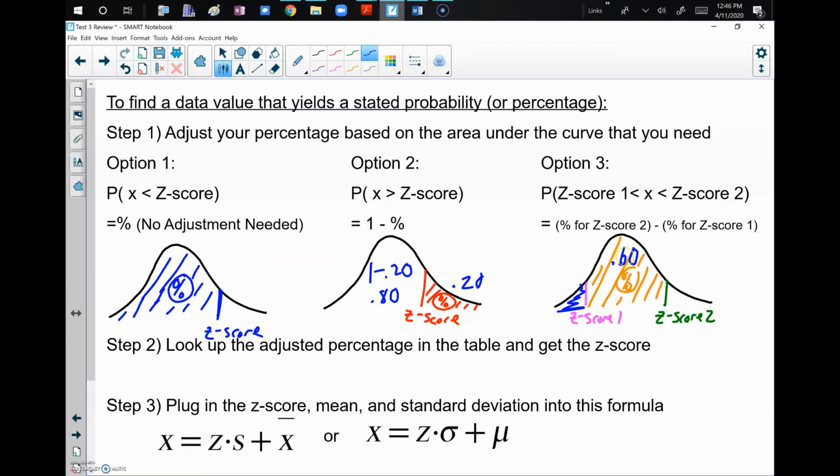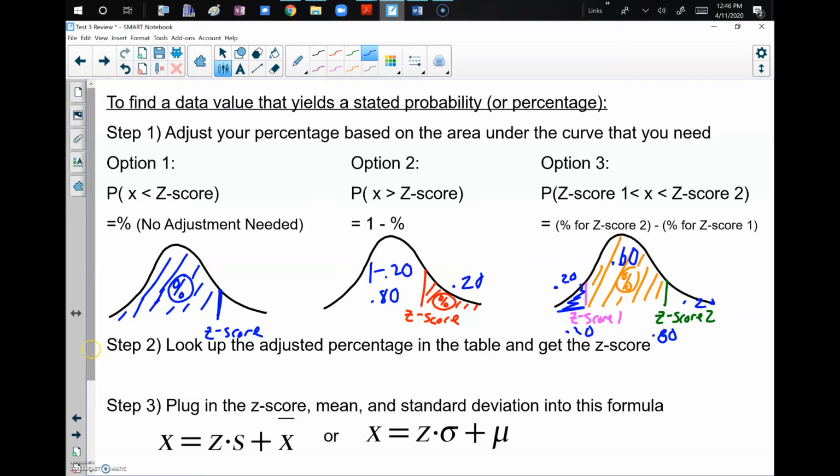So if it's 60% and we know that it's centered around the mean, then I could say that there's 40% overall that's not included, with 20% coming from each tail. So in a case like that, when I look up my larger z-score value in my table, I would combine those. The 20% and the 60% means I'd be looking up 80% in my table, and then for the lower bound, I would just look up 20%. So we would have to adjust our case based off of the scenario that's being given in our problem.